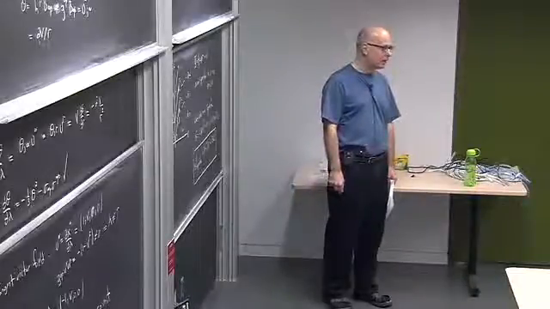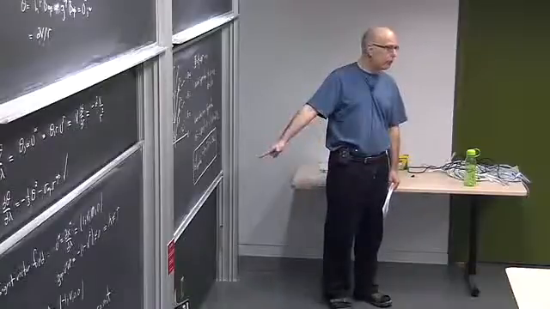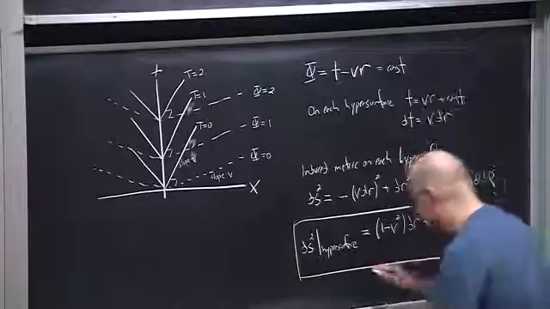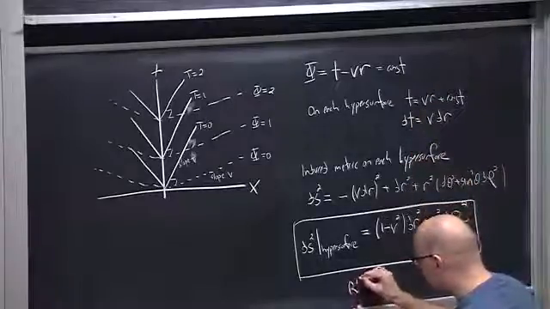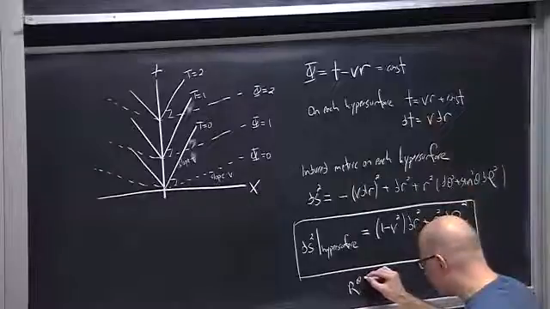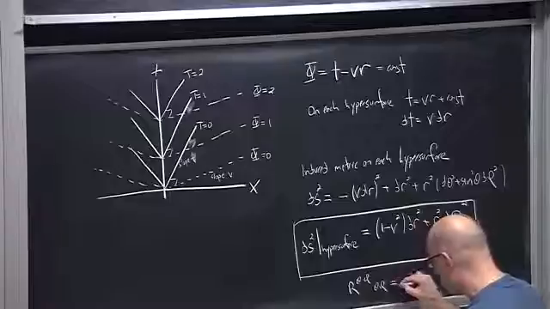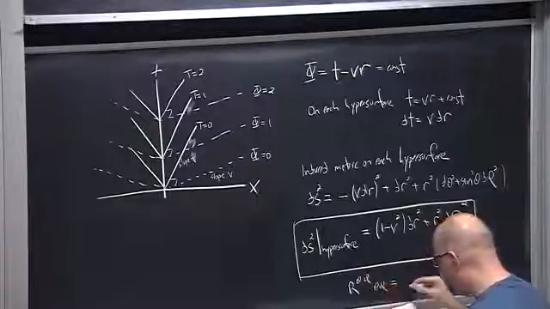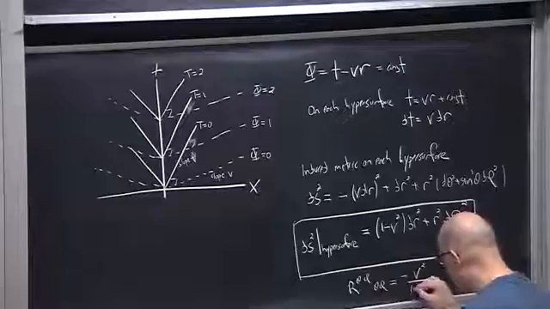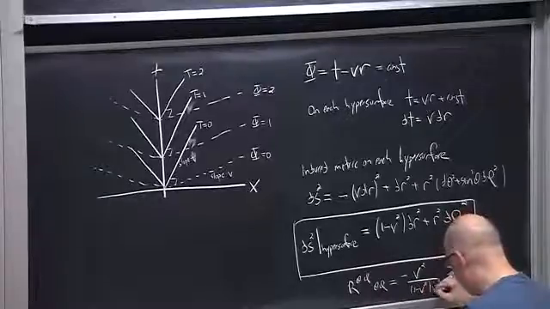So that's another little exercise. You can plug this metric into GRTensor and calculate its Riemann tensor, and I'll just display a component here. The only non-vanishing component, I'll write it in this form, R r theta phi theta phi, is given by minus v squared divided by 1 minus v squared multiplying r squared.